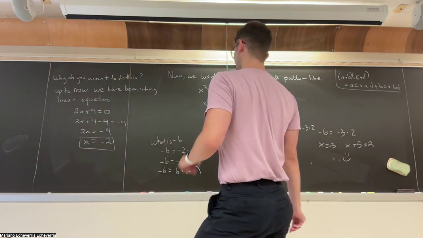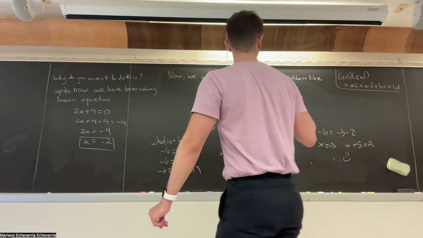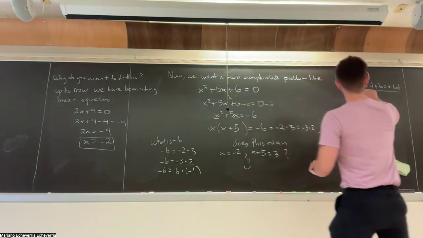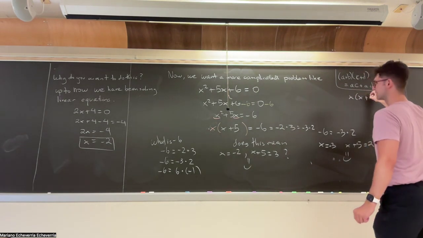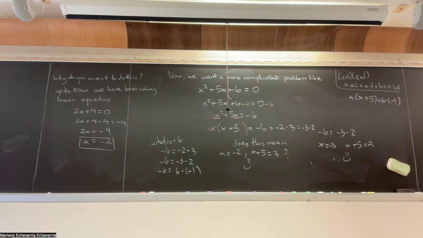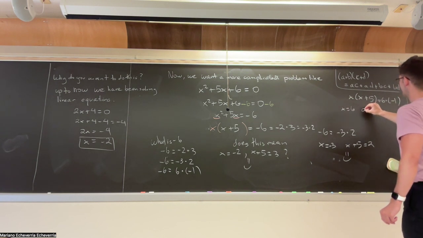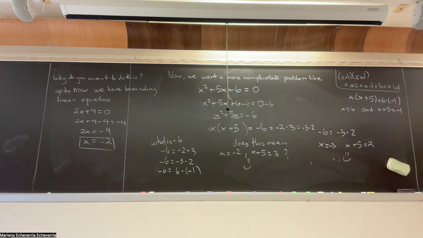So you could also say that -6 is 6 times -1. Now if x times x plus 5 is 6 times -1, then you could say, well, then x should be 6, right? And x plus 5 should be -1.